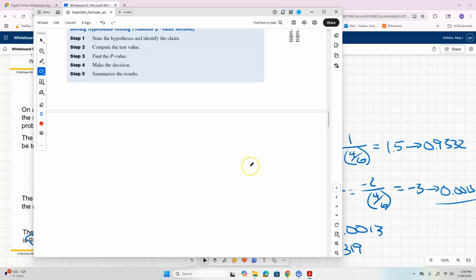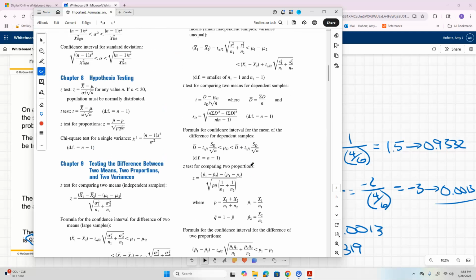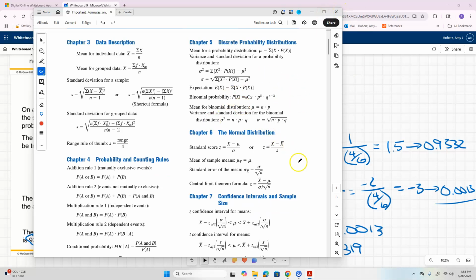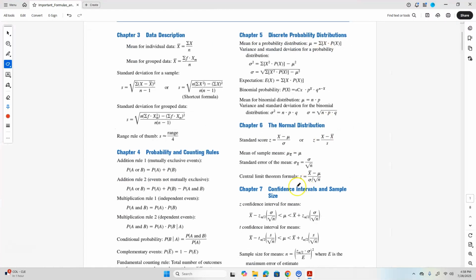There was one other thing I wanted to point out, just real briefly before we call it a day. When we're looking at Chapter 6, and you look at your formulas, remember, you don't have to memorize any of these formulas. There's the formula for Z. We don't really need to know how to find this. You don't have to calculate that. And then here's your formula for the central limit theorem.